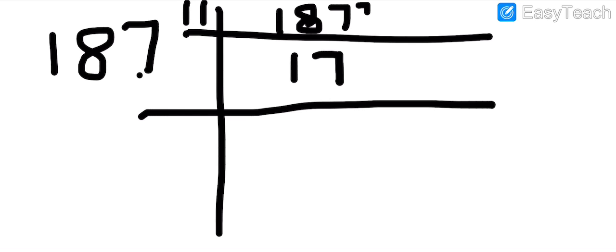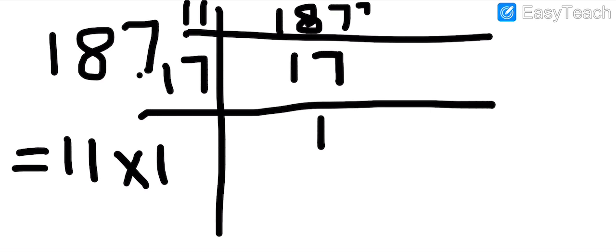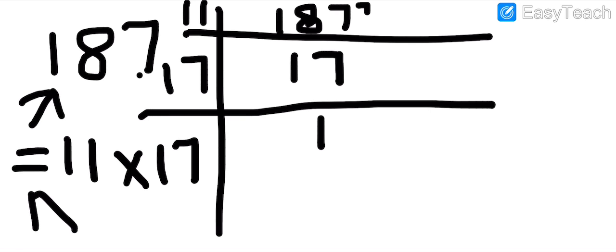So simply we'll directly be multiplying it with 17. 17 ones are 17. So the prime factorization will have the factors 11 into 17 as an answer for 187. Alright? It's not very difficult. It's very easy. Just remember the first 7 to 8 prime numbers and you will know how to do the prime factorization.